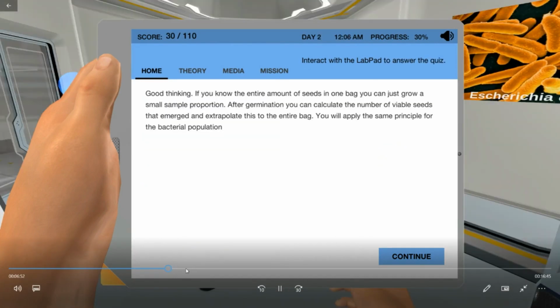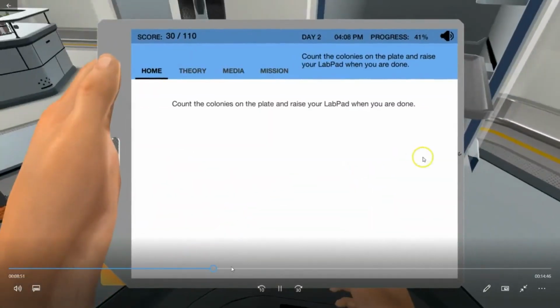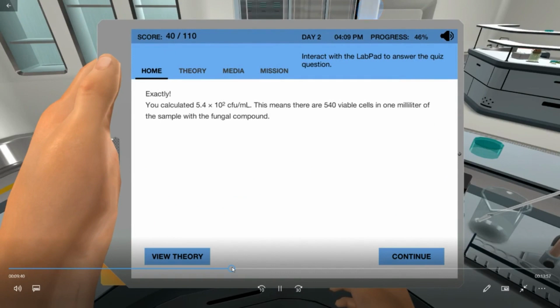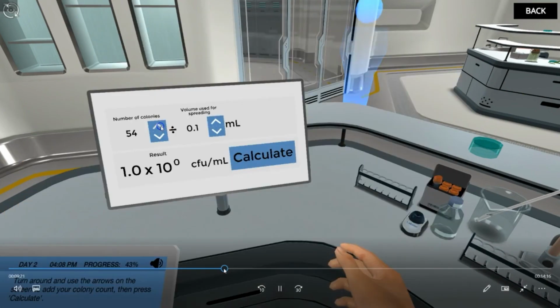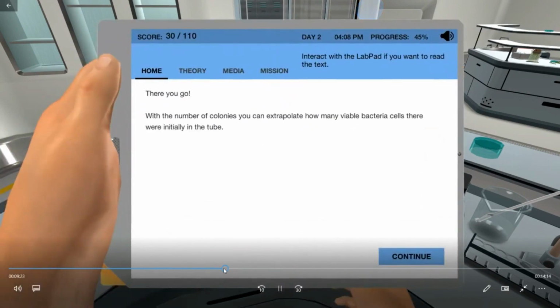So fast forward a little bit more. And they can count the number of colonies in their samples, and from that extrapolate how many viable cells there are with a virtual calculator. The students are also given the opportunity to perform a serial dilution.